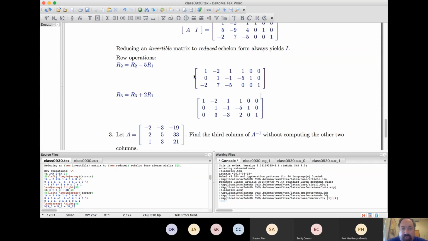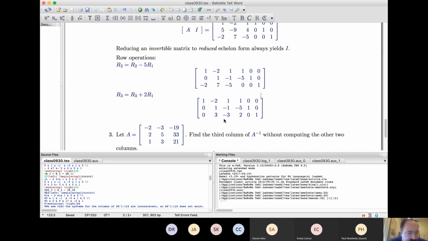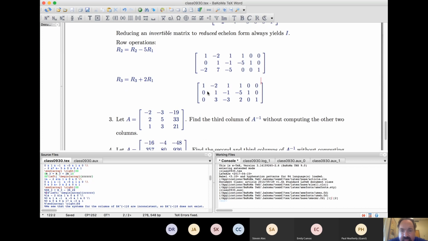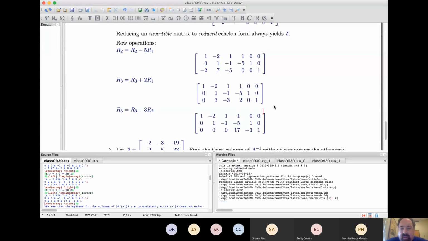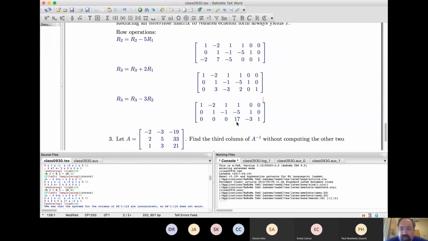Notice that these constants, -5 and 2, actually appeared over here as I'm performing these row operations. Then I move to the second column. So I'm going to subtract 3 times this row from this row. Okay. And we see the -3 appearing here now.